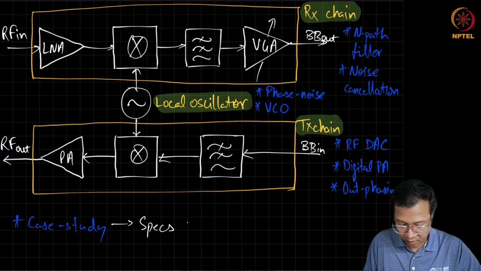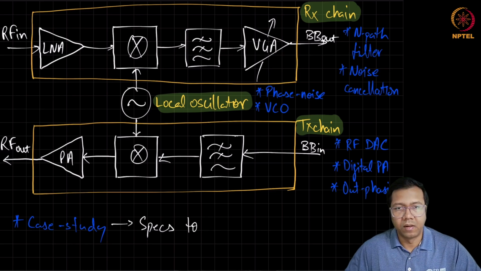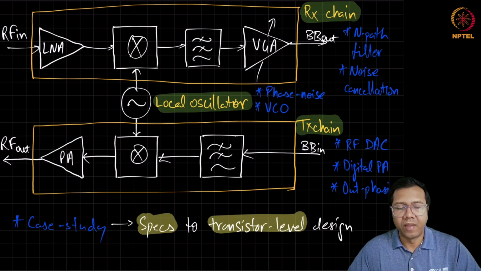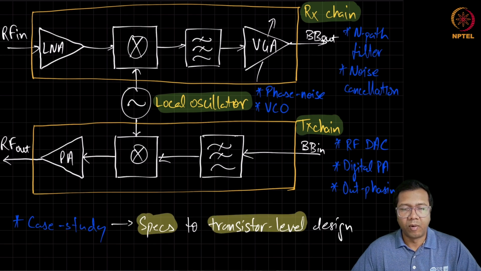We will design a transistor level circuit for the various building blocks of the receive chain and transmit chain, and also we will look into the local oscillator specifications. So hopefully by the end of the course, all of you will have an idea about how to design at least a basic functional wireless transceiver.